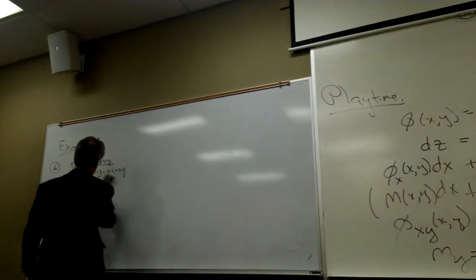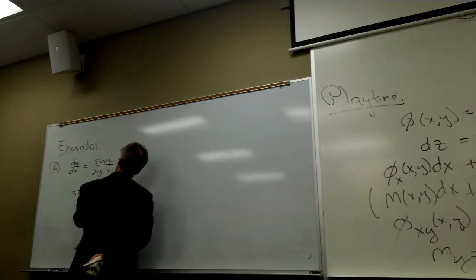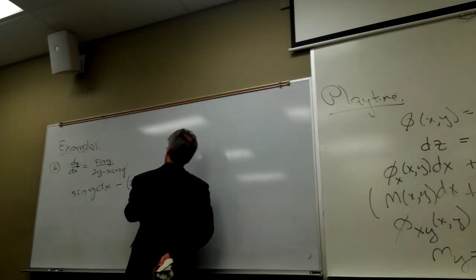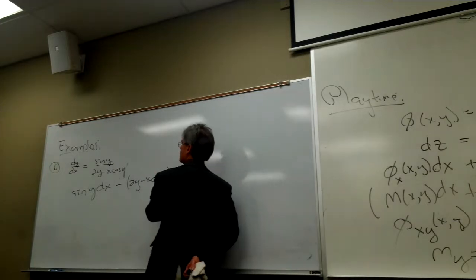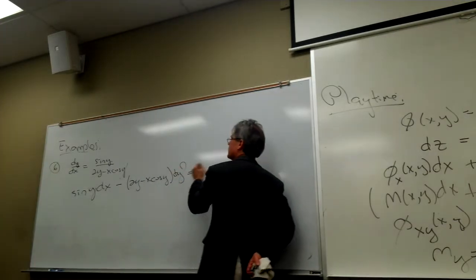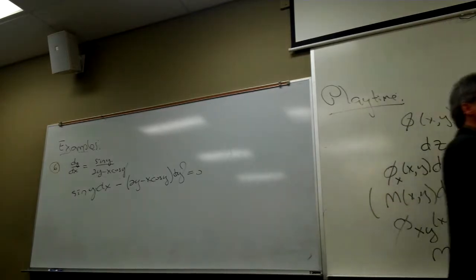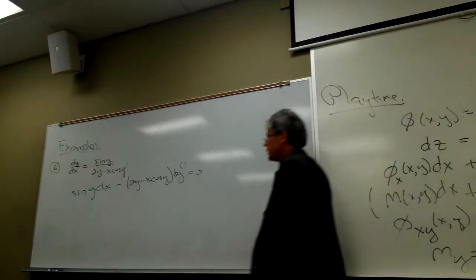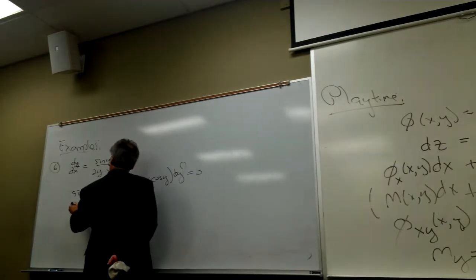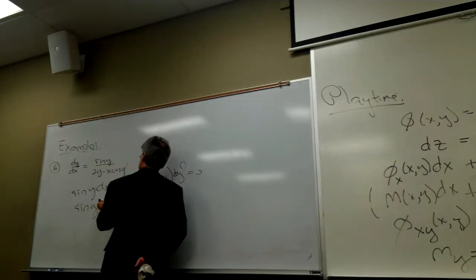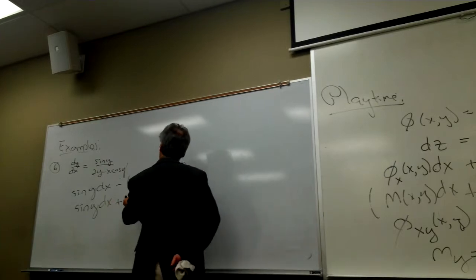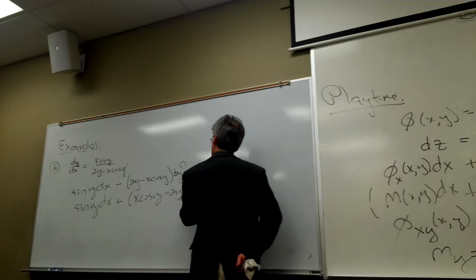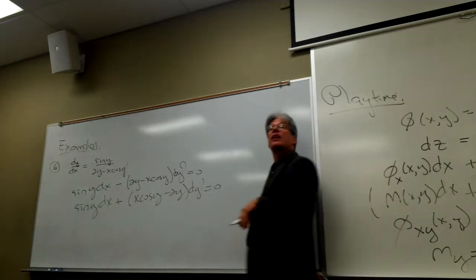Does that give me a sine of y dx minus a 2y minus x cosine y dy being equal to 0? I'll even go so far as to bring in the subtraction operation. I now have this function I'll call M dx plus this function I'll call N dy set equal to 0. Let's check for exactness.